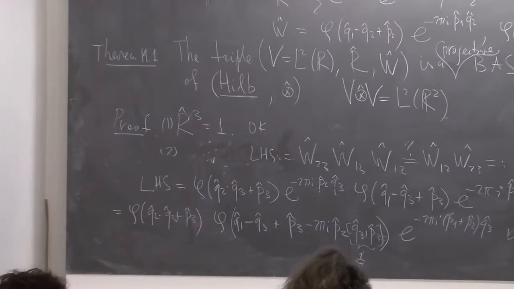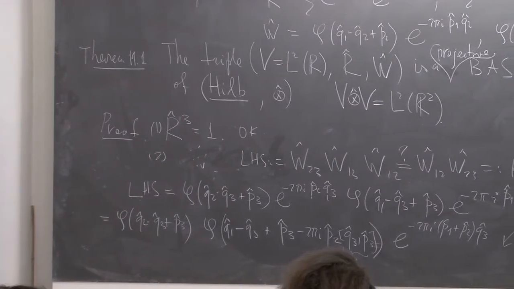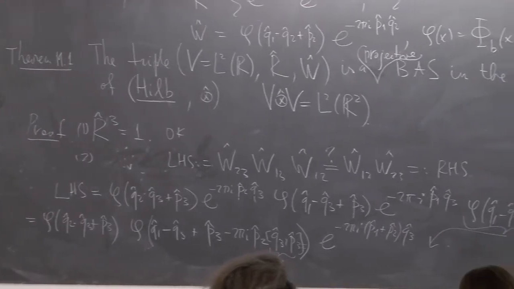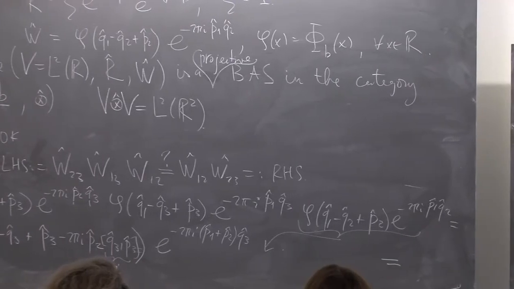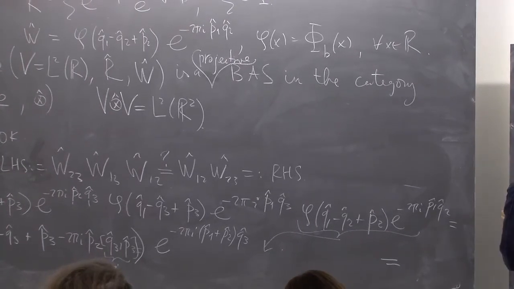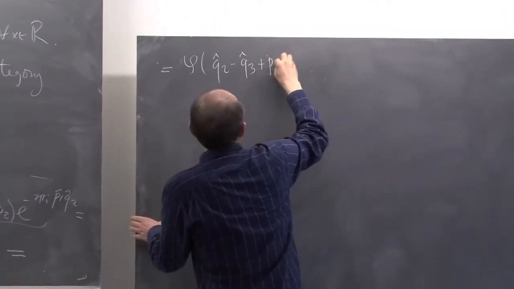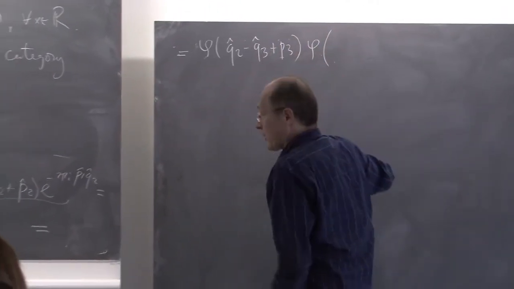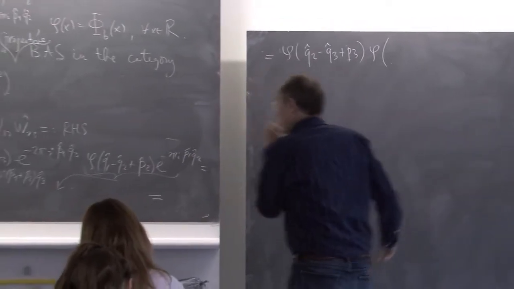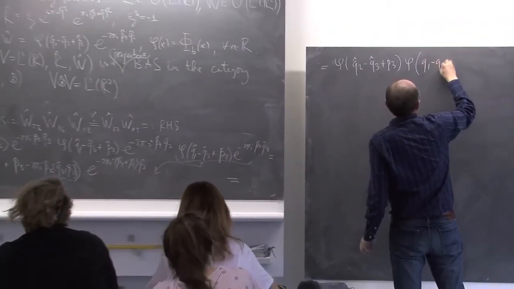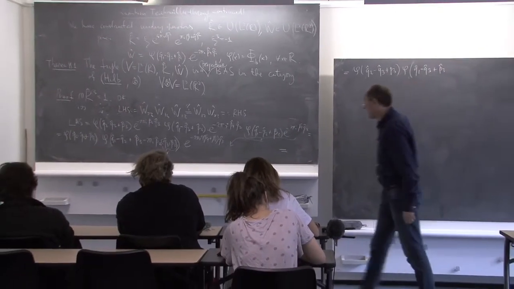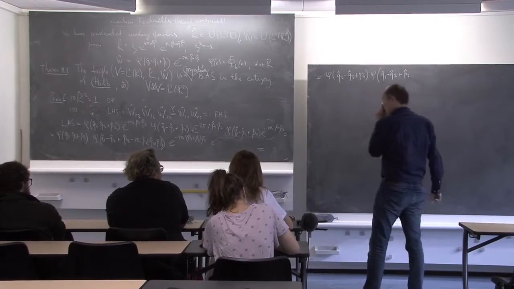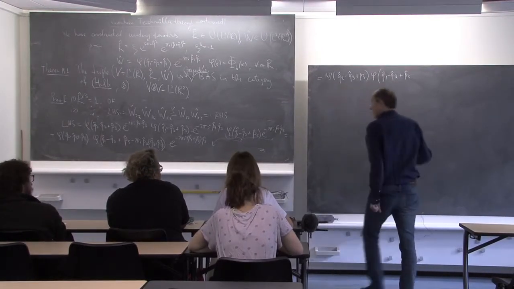So we continue. Phi of Q2 minus Q3 plus P3, phi of Q1 minus Q3 plus P3, and minus i times i gives 1, 2 pi goes away, so plus P2.